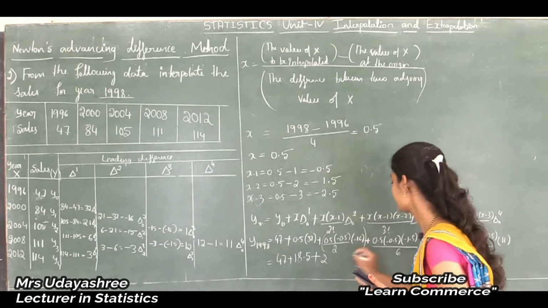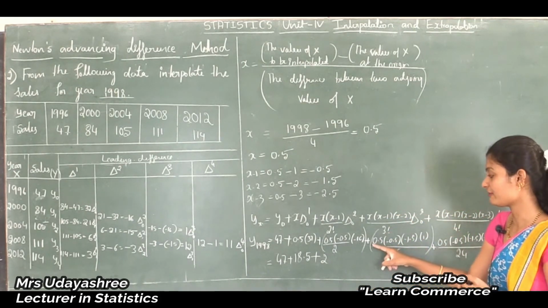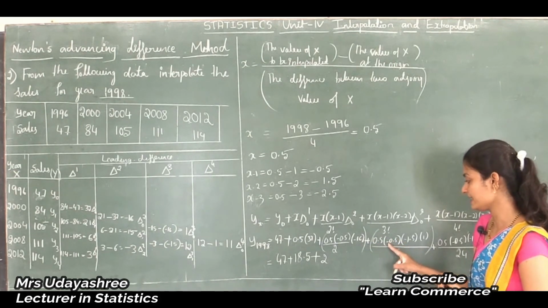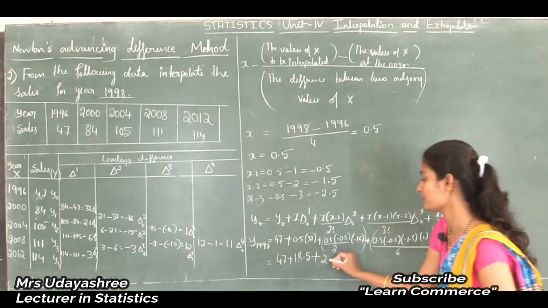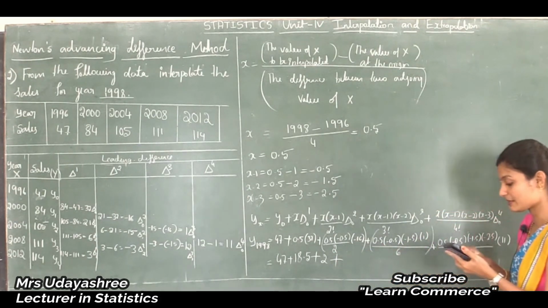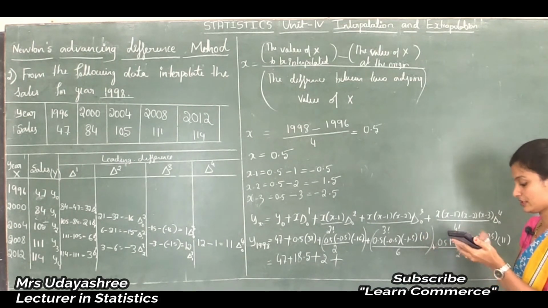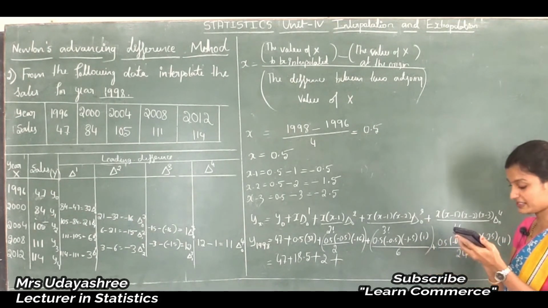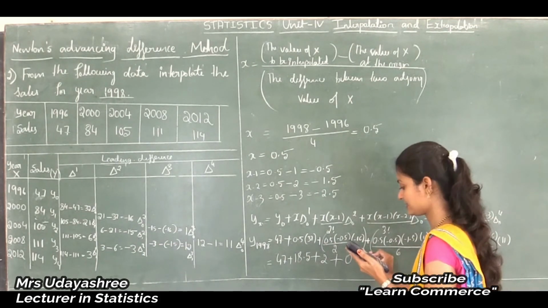Next, for this term, the sign is plus, and the values are 0.5 into 0.5 into 1.5 into 1, that is 0.375, divided by 6, that is 0.0625.